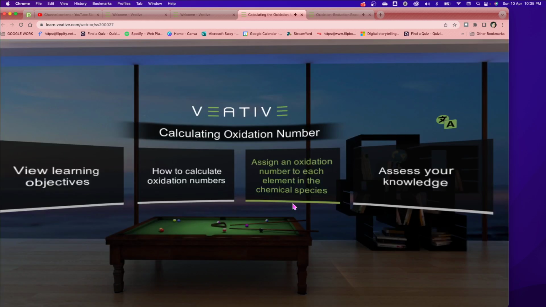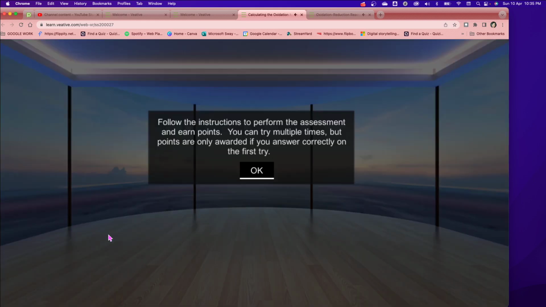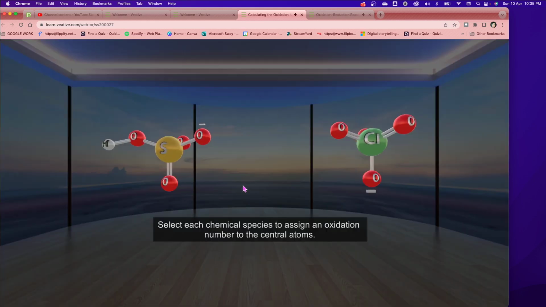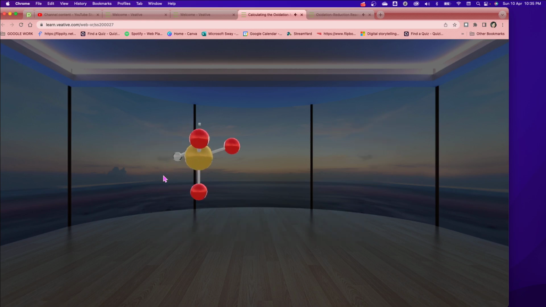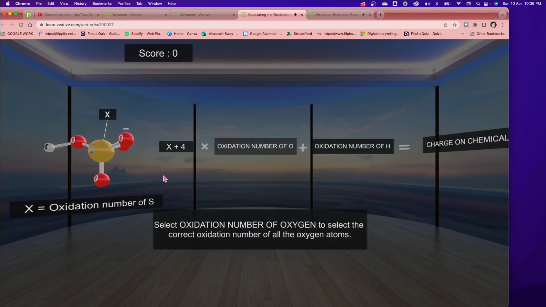Select OK to assess your knowledge. Follow the instructions to perform the assessment and select each chemical species to assign an oxidation number. Select oxidation number of oxygen to select the correct oxidation number of all the oxygen atoms.